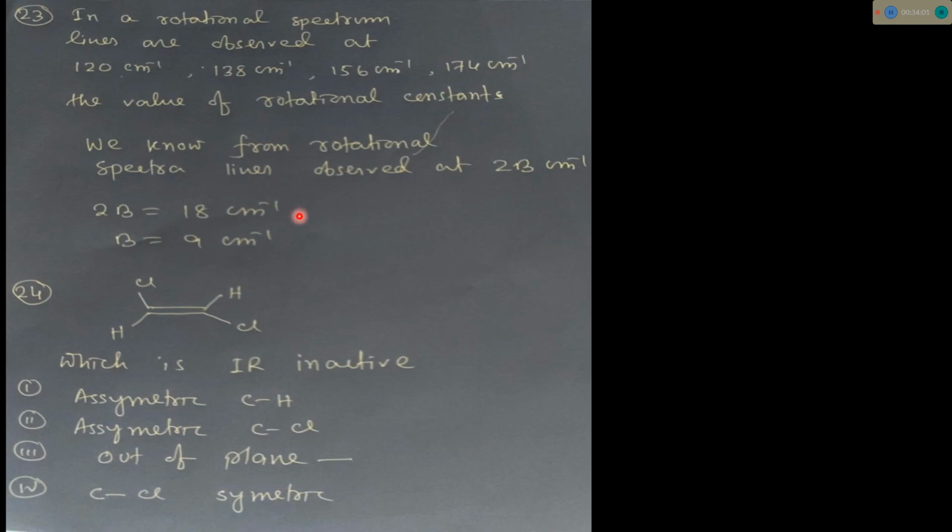So for a rotational spectrum, we observe equally spaced lines, and each line is at 2B centimeter inverse. Each line corresponds to B. So in a rotational spectrum we observe equally spaced lines.